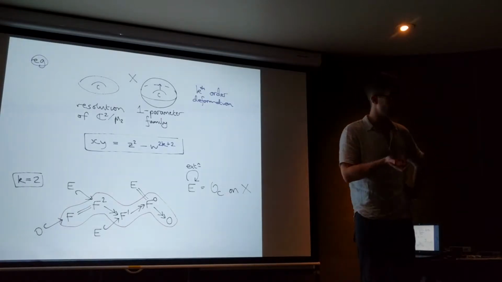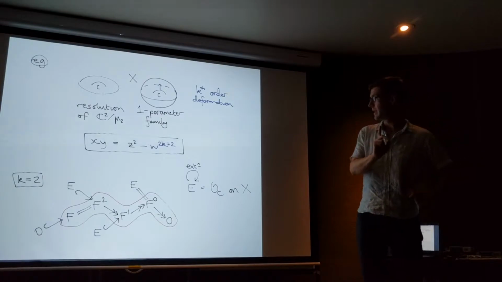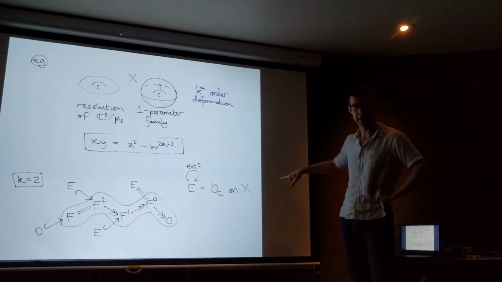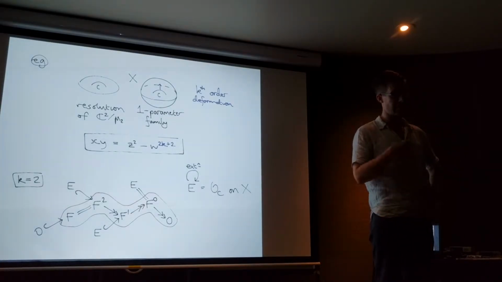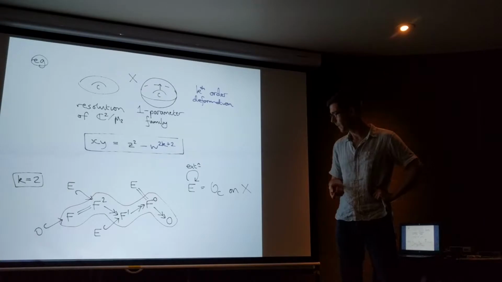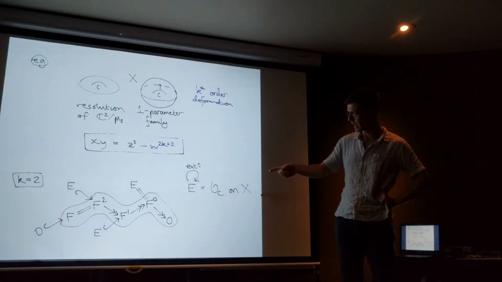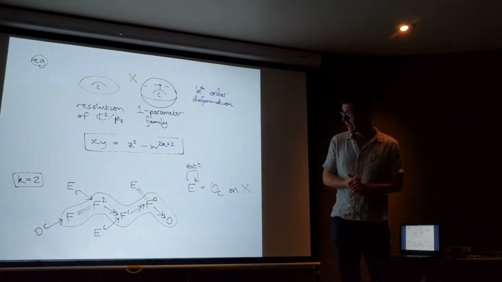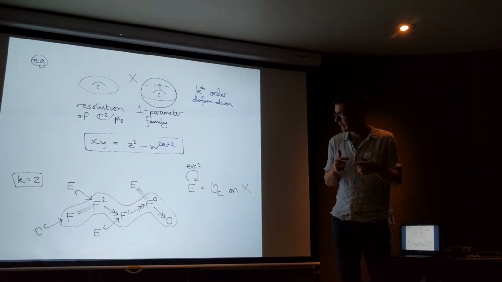And in this situation, if I start with just a single sheaf, E, the structure sheaf on C, considered as a sheaf on the 3-fold X, then that has a single non-trivial extension. So I start with F0, and that non-trivial extension I denote by F1. And then the next step, I can extend that by E to give F2.